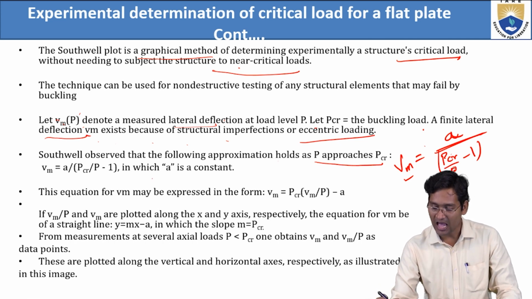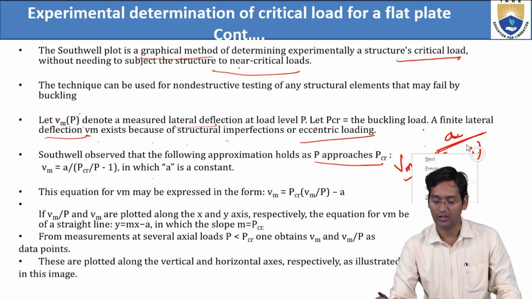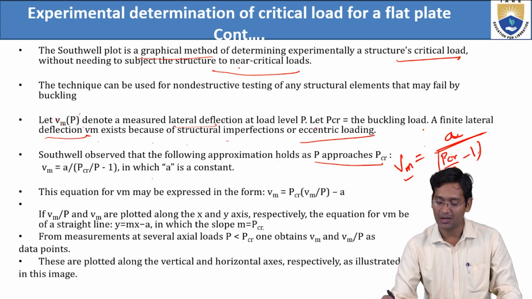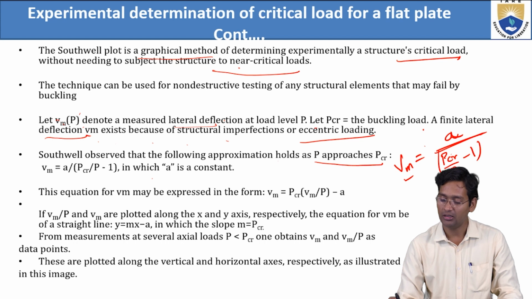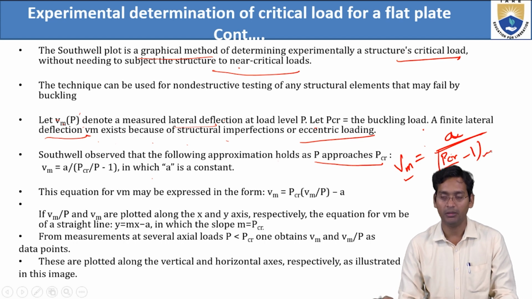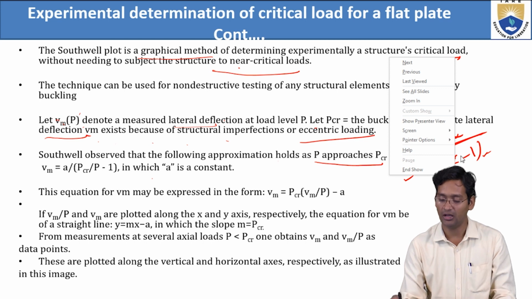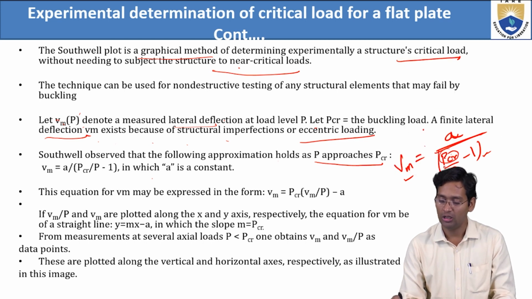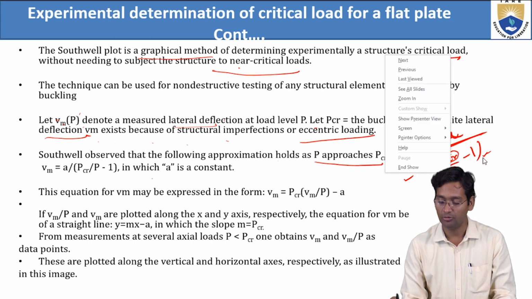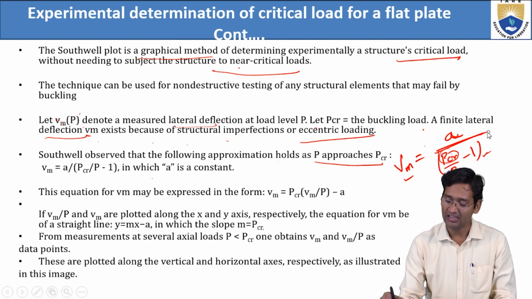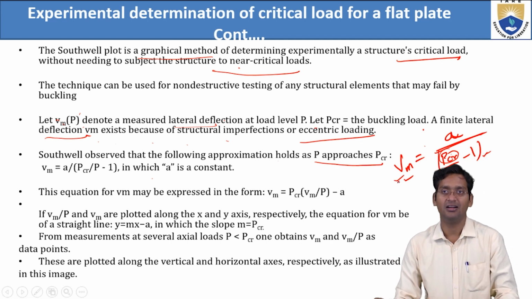If PCR by P is greater than 1, then only this value will be positive. If PCR by P is less than 1, this will be negative. Means the critical load should be more than P, and hence we will get some lateral deflection.